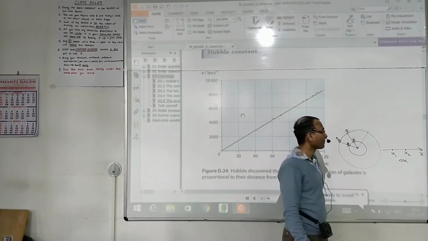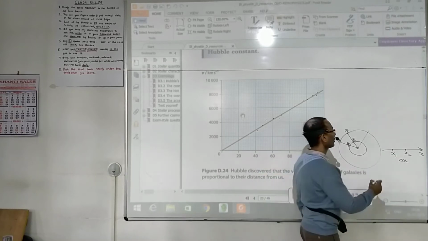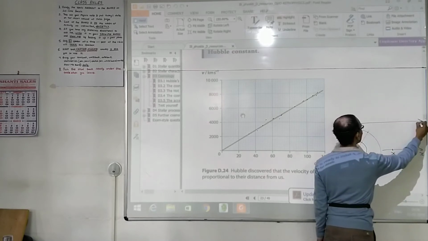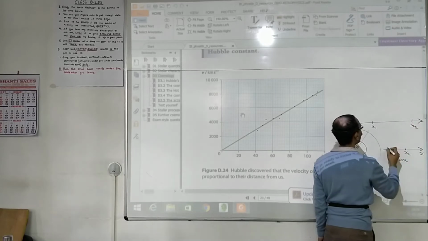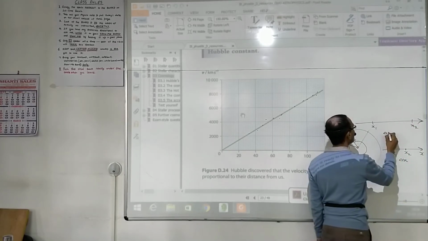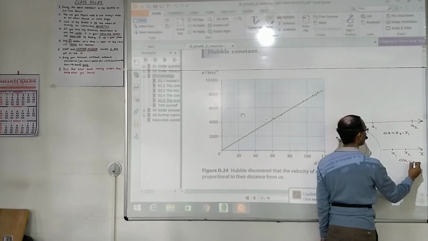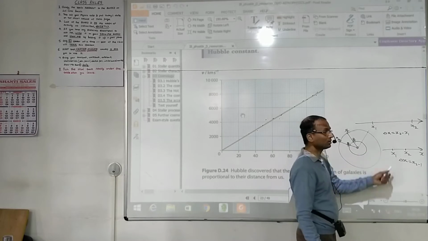Now, if the scale itself expands, the scale becomes bigger, so that x1 is here and x2 is here. Even though the delta x is x2 minus x1, here also it is x2 minus x1. But the actual distance is bigger.